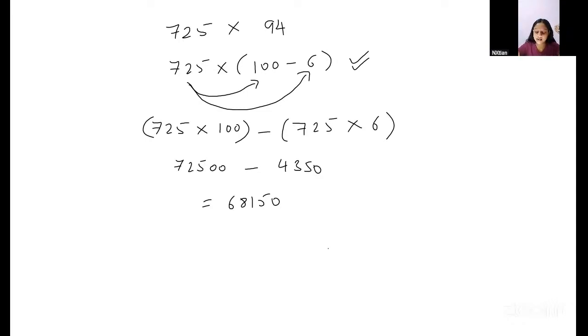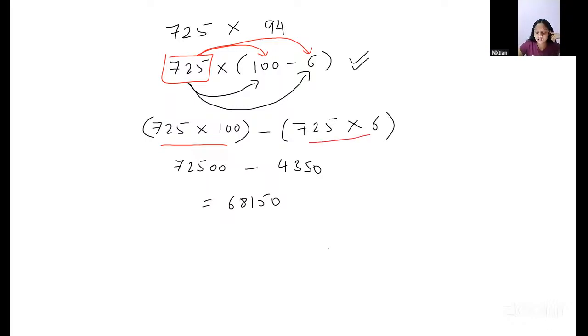Now we know that when a number outside the bracket is multiplied with both the numbers inside the bracket, I can write 725 into 100 and 725 into 6.